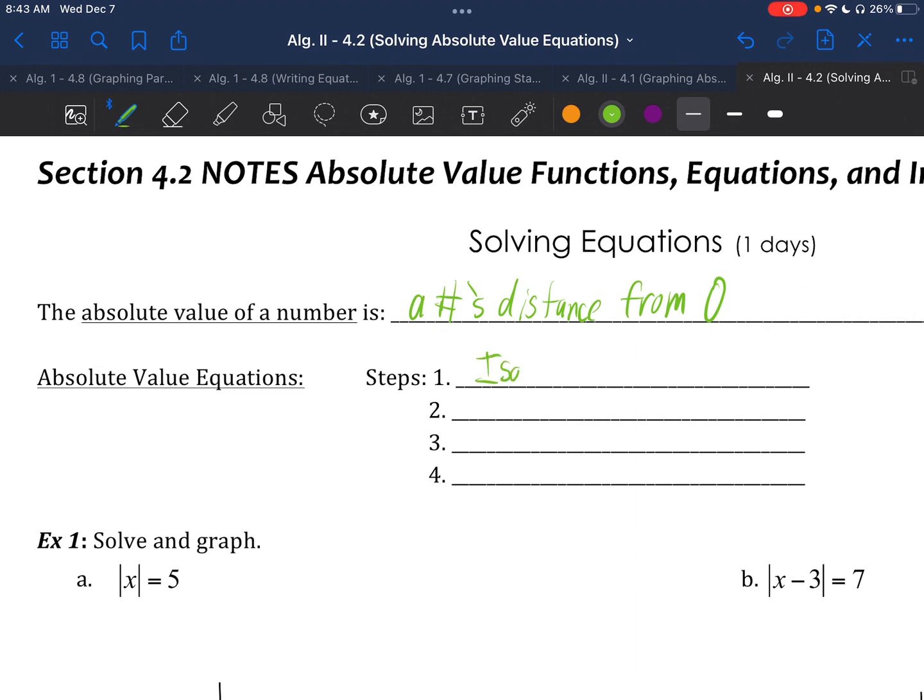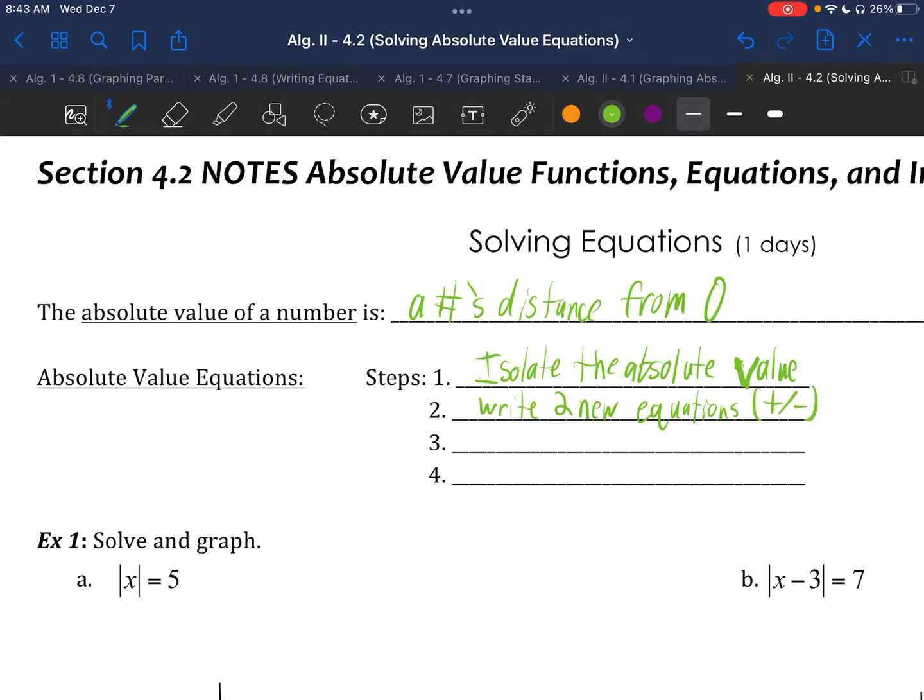So we're going to have 4 steps to solving absolute value equations. One is we're going to isolate the absolute value. So just like before with squares, before we square rooted, we isolated the squared term. This time we're going to isolate the absolute value. Then you want to write 2 new equations.